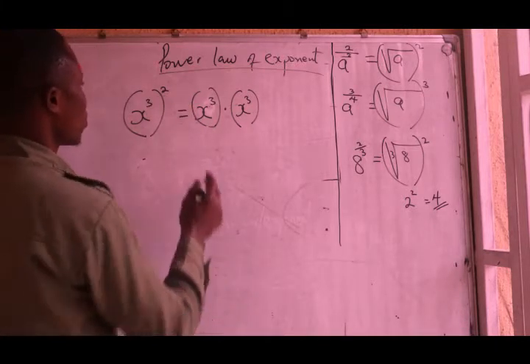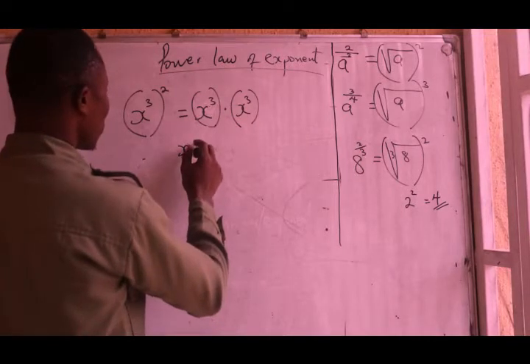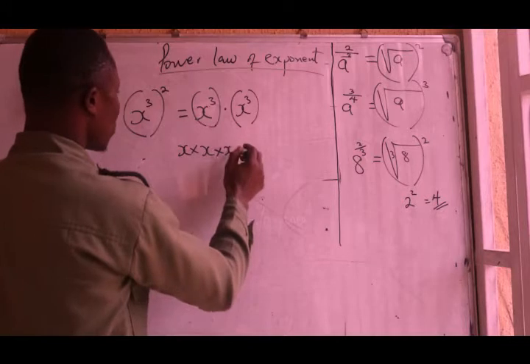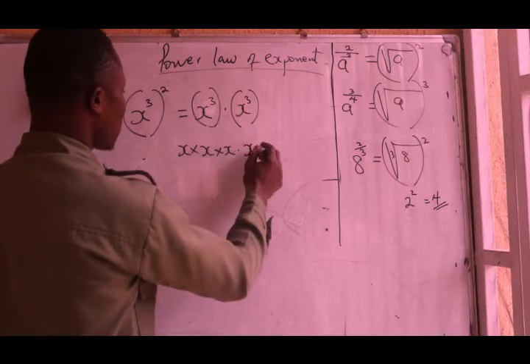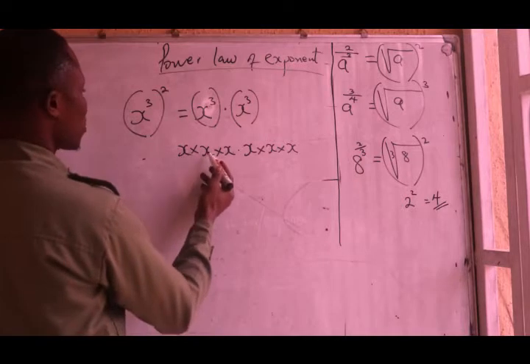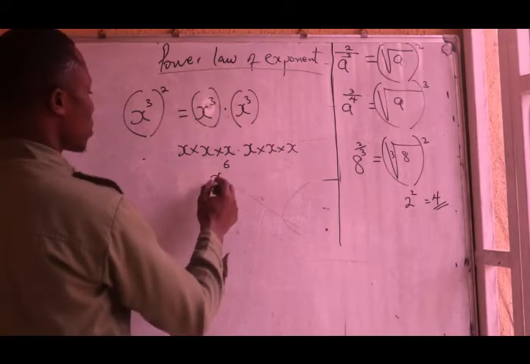So you know x raised to the power 3 is x times x times x. Now times this other one, x times x times x. Alright, so you have x times x times x times x, 6 places, so you have it to be x raised to the power of 6.